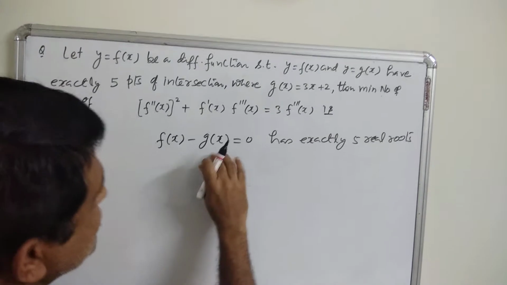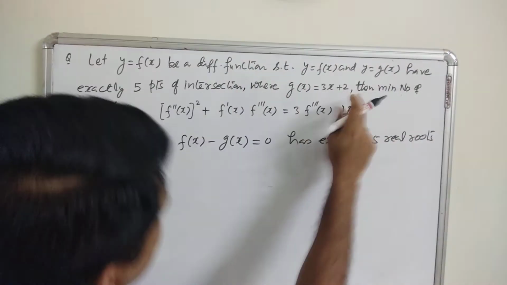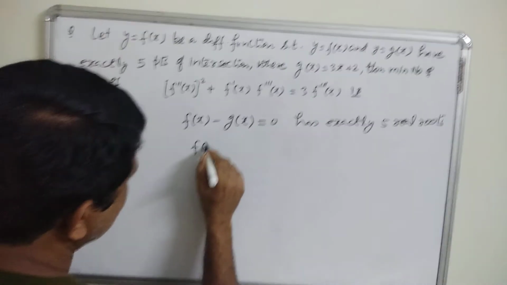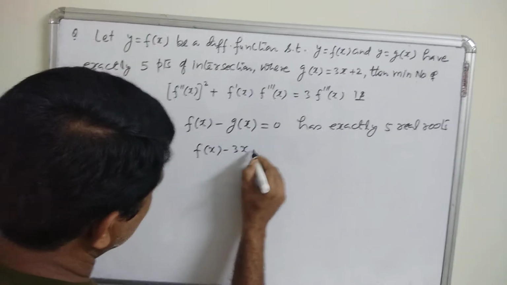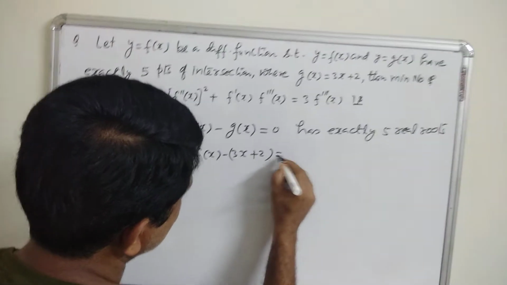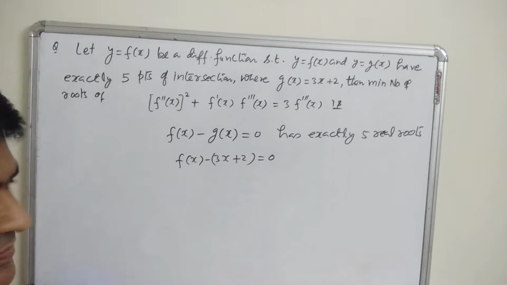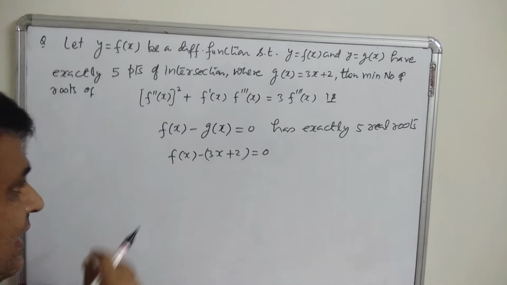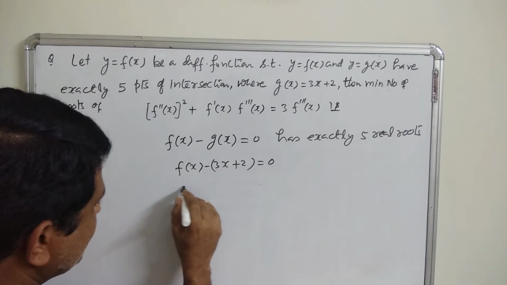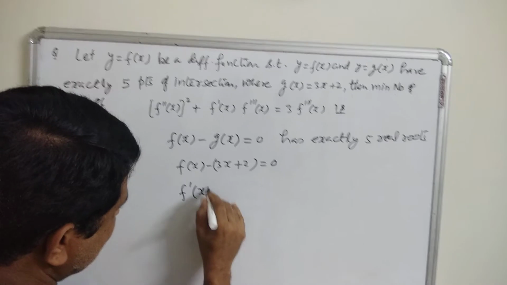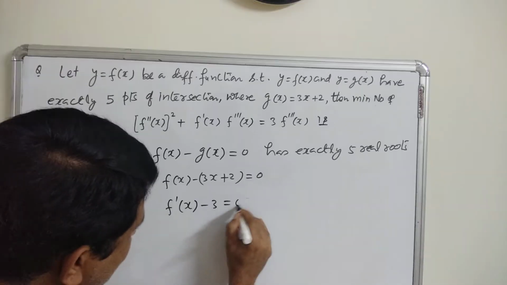Further, it is given that g of x is 3x plus 2. So that means f of x minus (3x plus 2) equal to 0. This equation has exactly 5 real roots. Let me differentiate this. The derivative of this equation is f dash x minus 3 equal to 0.